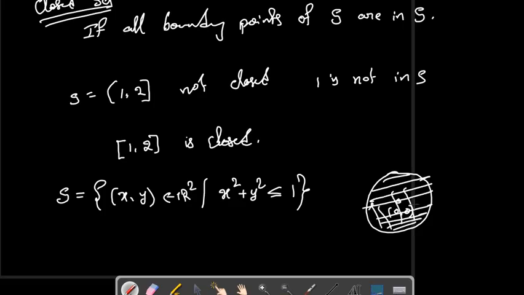So it is very clear that this set is closed. Why? Because the boundary is x square plus y square equals 1, and that is included. Therefore, this set is closed.